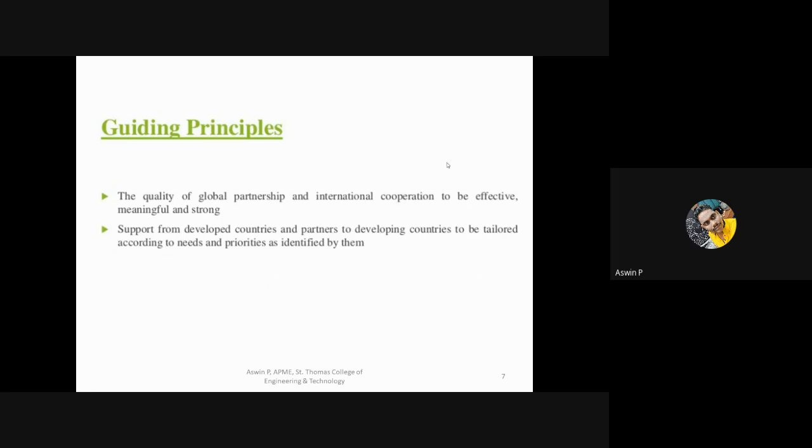If they are not followed well in a disaster situation, the people who are under threat cannot get the benefit of international cooperation. Whenever we make a deal with another country, it should be effective and very meaningful. There should be some meaning that this cooperation may help the people who are at risk during a disaster.